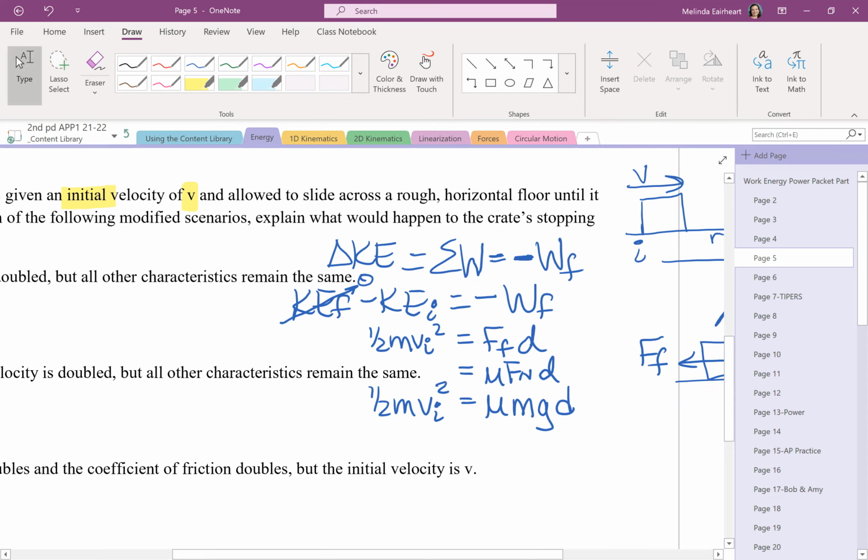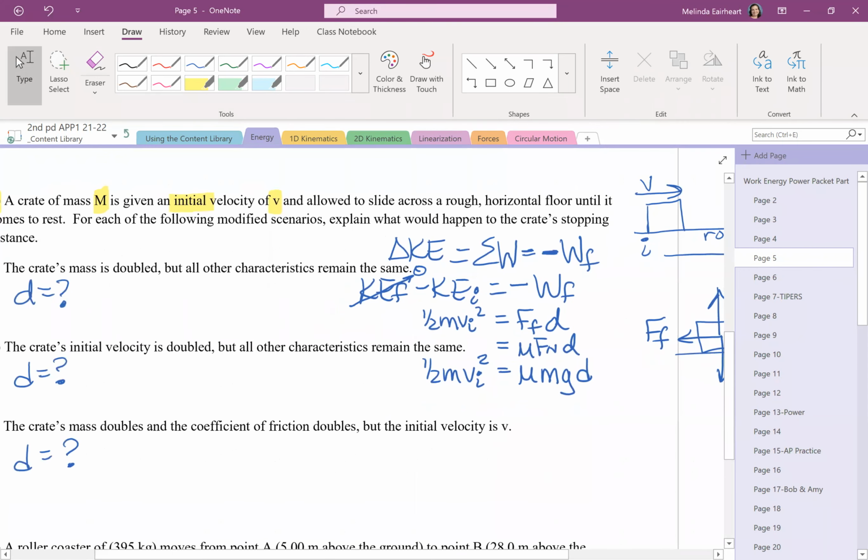Okay. So what happens to the distance if we double the mass? Double the mass, it begins with double the kinetic energy, right? Well, mu mg is going to be the same. So how far will it go?